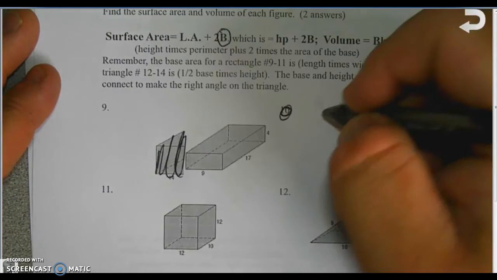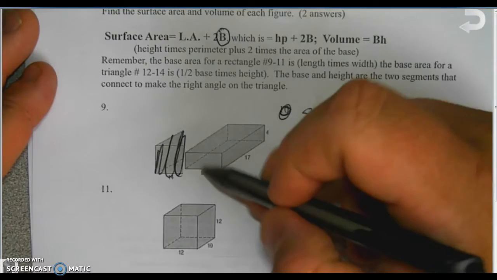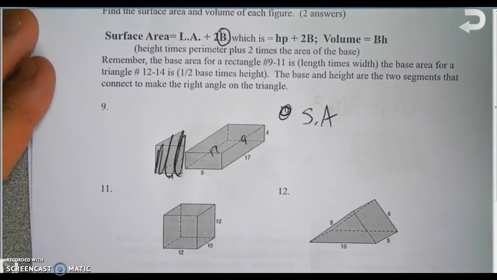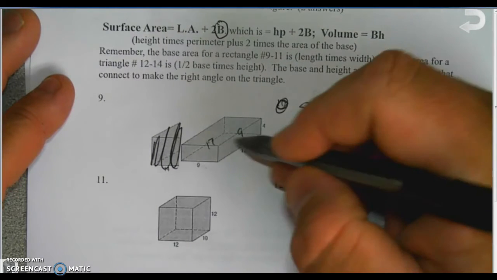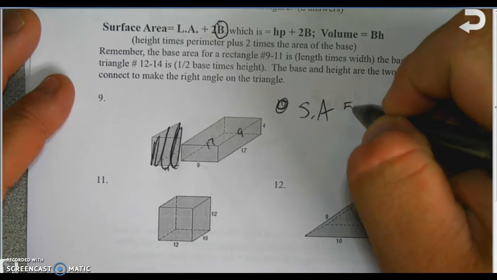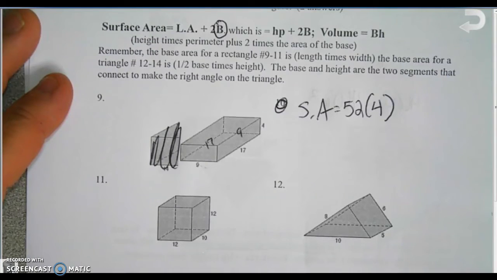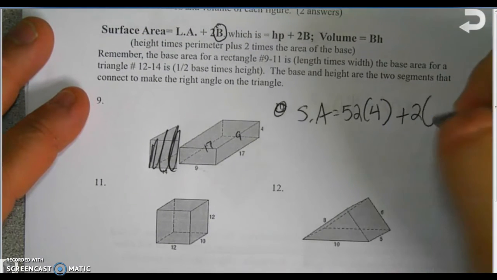So in order to do the surface area, you do the lateral area, which is what we did before. So 9, 17, 9, and 17. You add those numbers together, and you get 52 times 4, because you're going to do it times the height. And then that's going to be plus 2 times the area of the base.